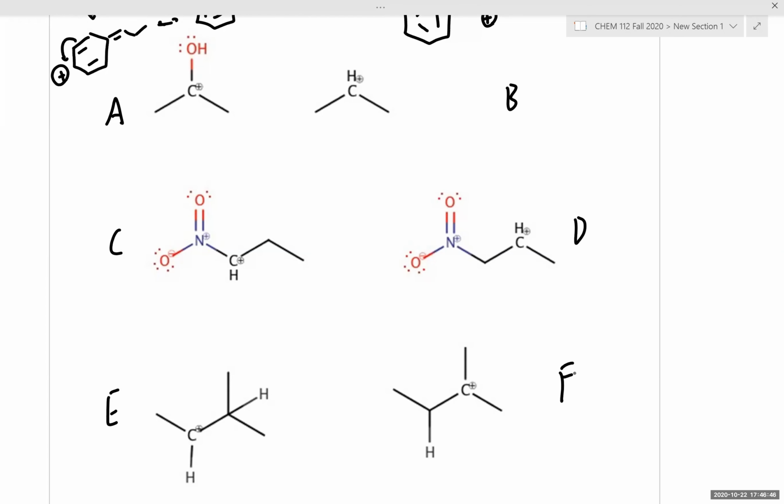What effect is mainly responsible for your carbocation stability?